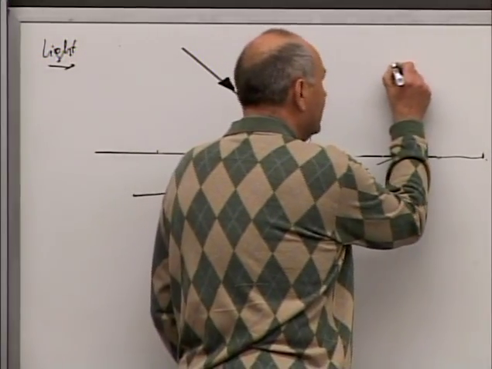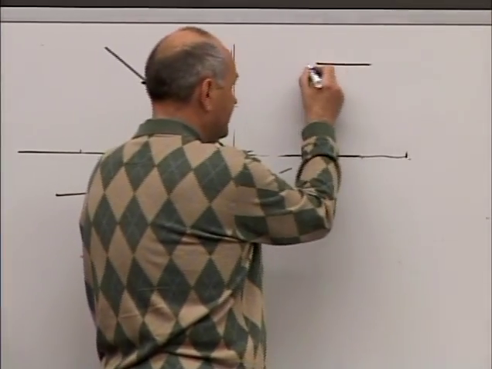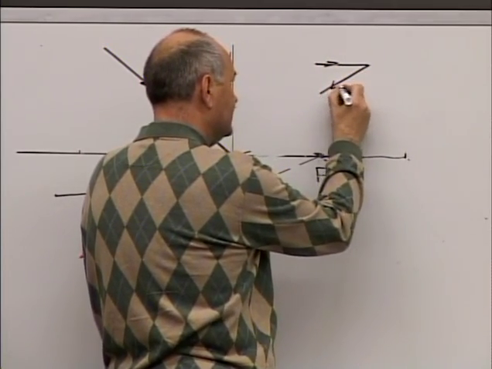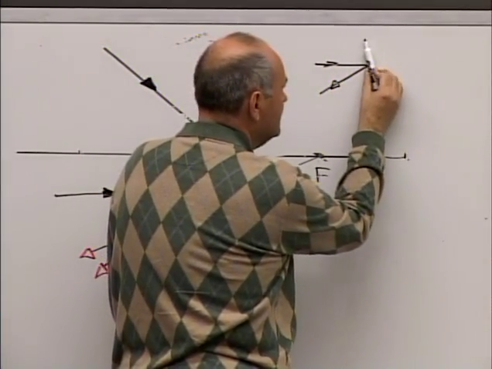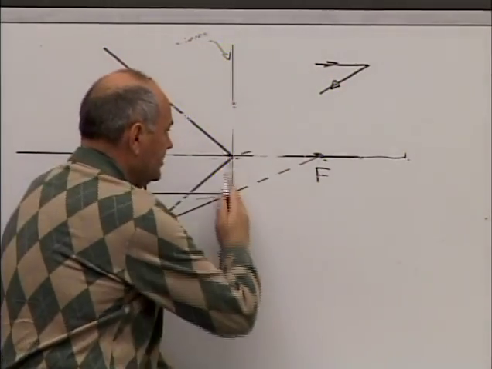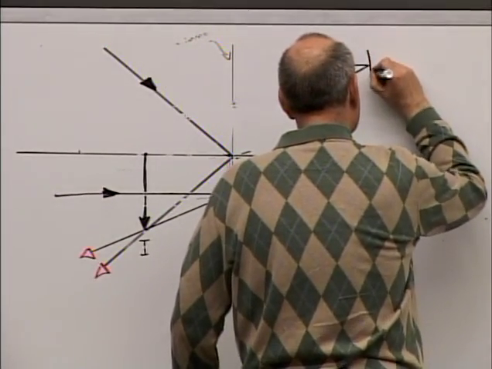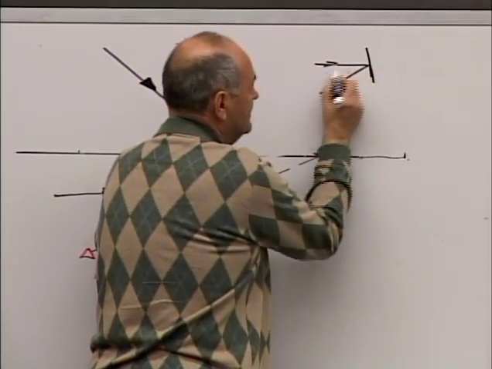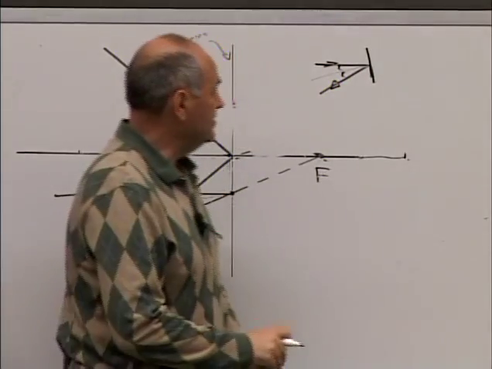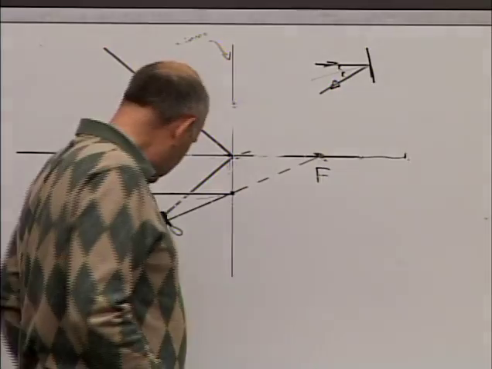So let me magnify this part. If this was the incident ray and this was the reflected ray, then the mirror had to be oriented like that at this point. It is curved like this, right? So the normal actually bisects this angle. These two angles have to be equal, because this is the angle of incidence and this is the angle of reflection.